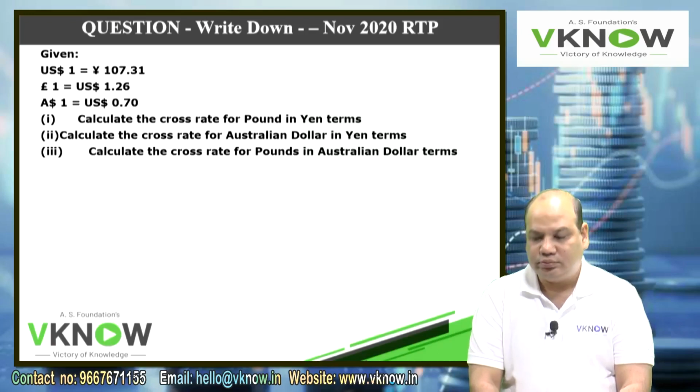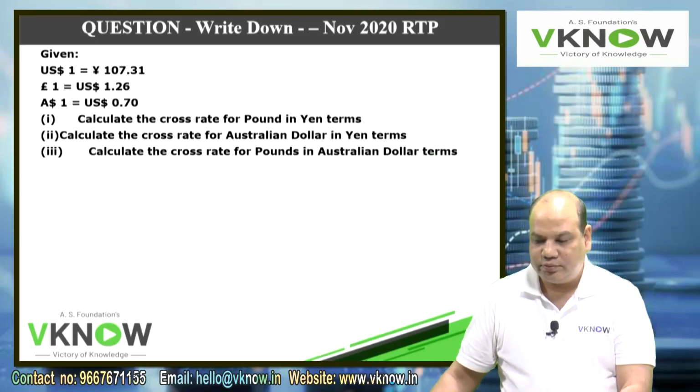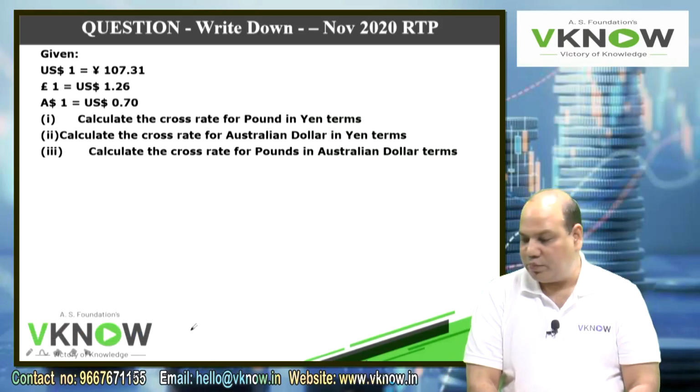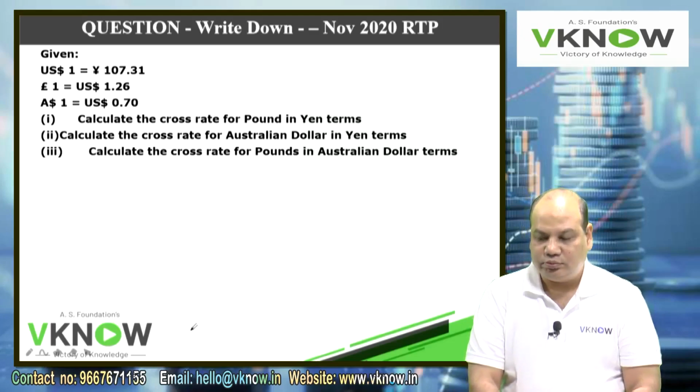Three questions are there. First question, calculate the cross rate for pound in yen terms. Second, calculate the cross rate for Australian dollar in yen terms.